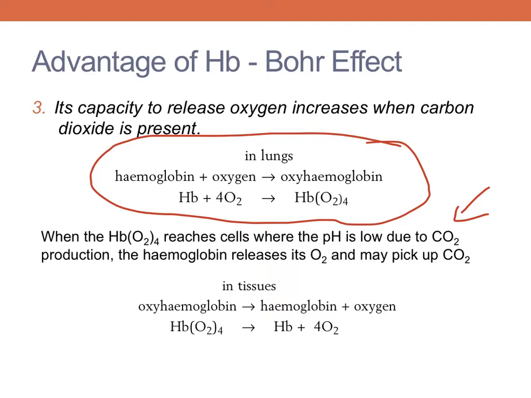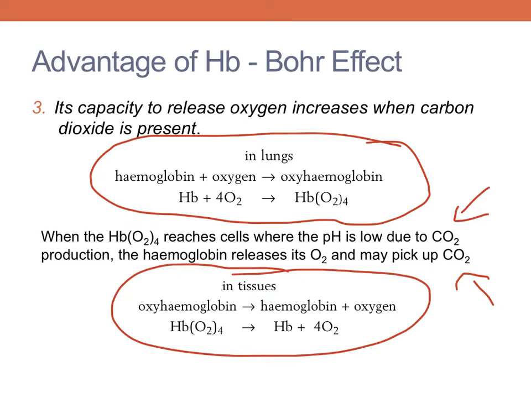So in cells where lots of cell respiration has happened, there's not much oxygen left, but there's lots of CO2 left, the oxyhemoglobin molecule releases its oxygen, and it may then pick up carbon dioxide as well, remembering that some carbon dioxide is transported in the blood by hemoglobin. So in the tissues, then you get oxyhemoglobin releasing its oxygen into the cells that need it.